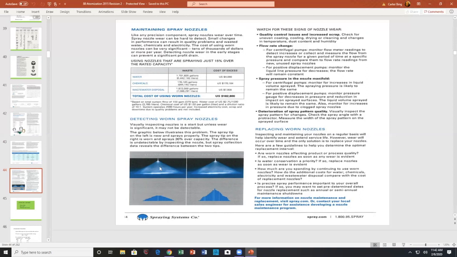So this is a full cone. Obviously, your spray pattern looks like it's high in the center and tails off. Over here, with a worn tip, you have significant overspray in the center. All right. So we'll talk about the patternator a little later.